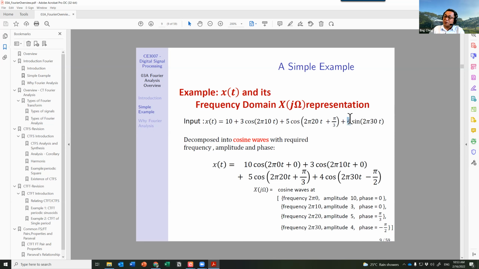But I can change the sine into cosine, right? Let's go and see the 10 first. What is DC? DC is actually a cosine with 0 frequency. Because cosine of 2 pi times 0 is cosine of 0, which is 1. So actually, 10 is a cosine with 0 hertz.